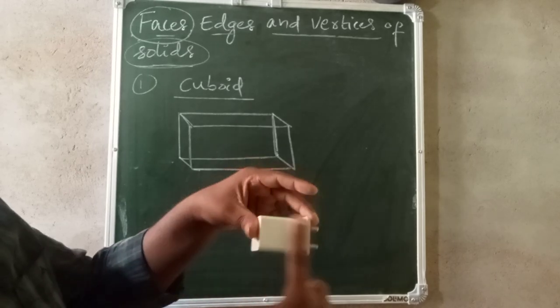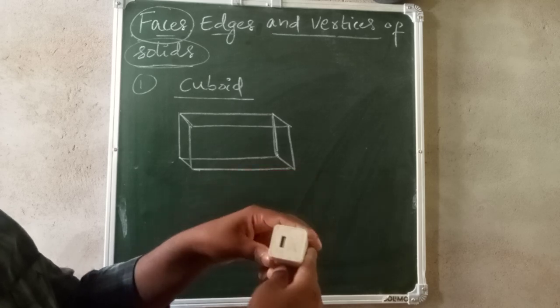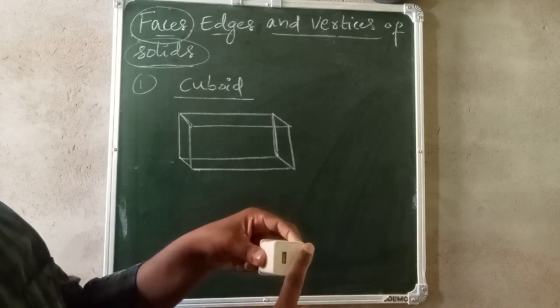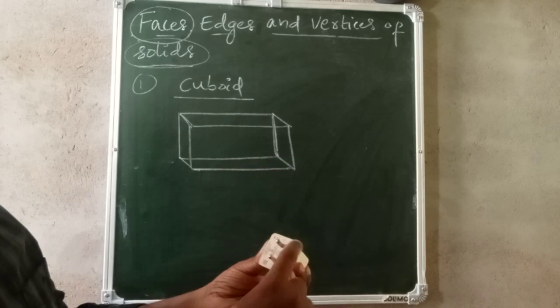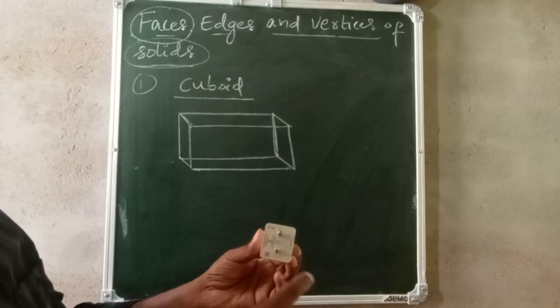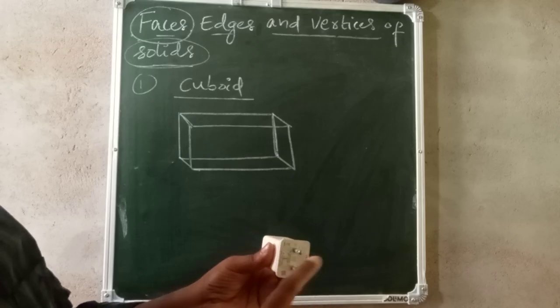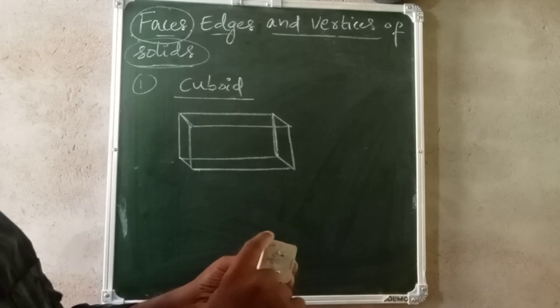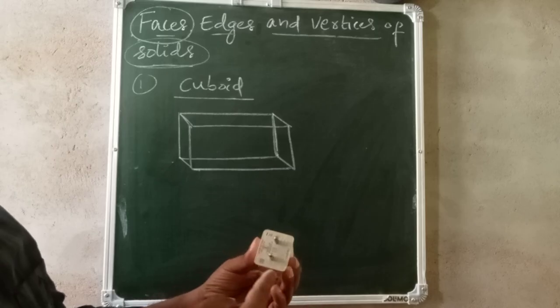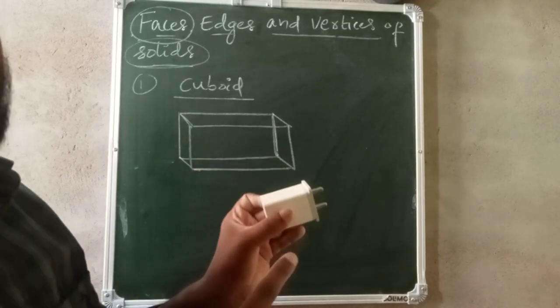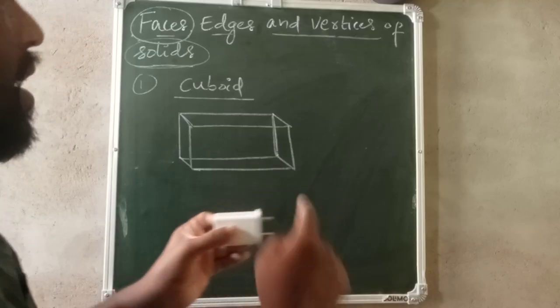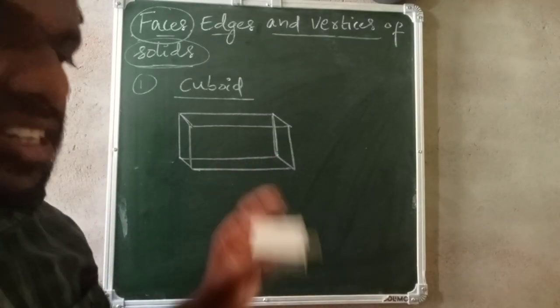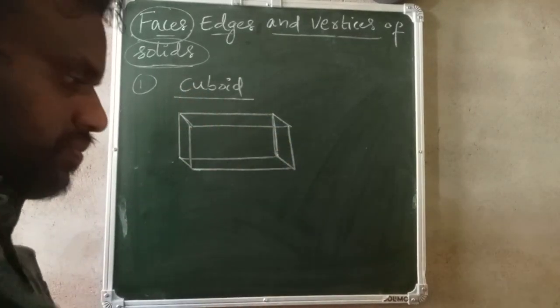This is the fourth face. This is the fifth face. And on this side, this is the sixth face. It is not exactly a cuboid, but it looks like a cuboid. Just a real life example.